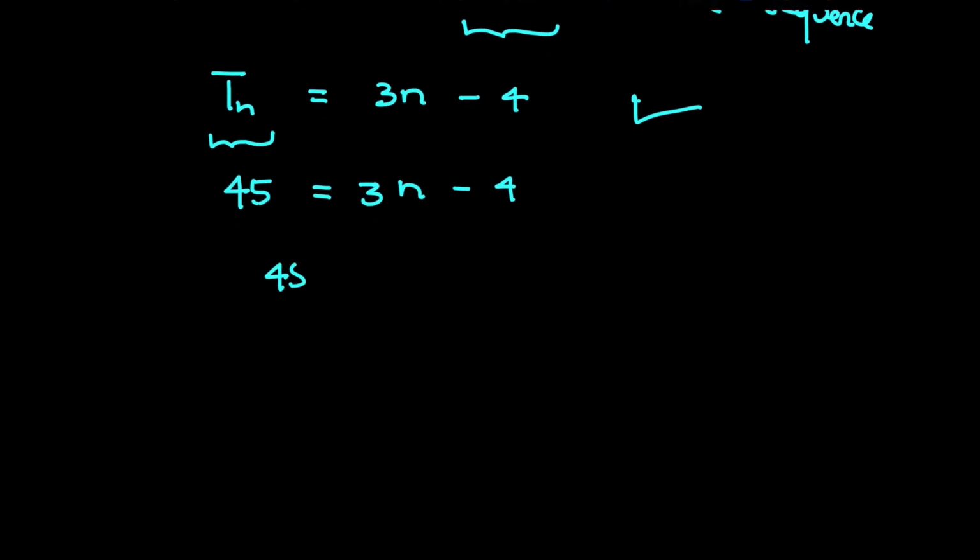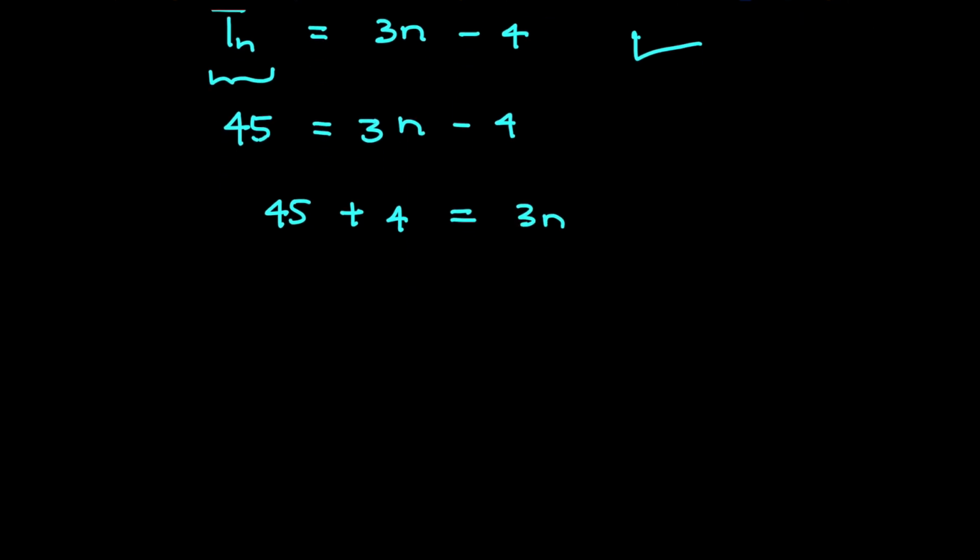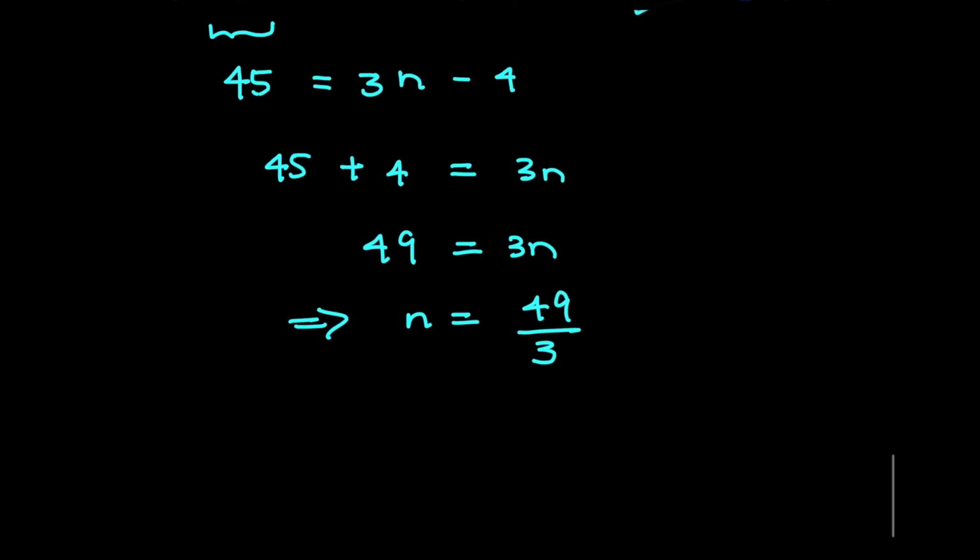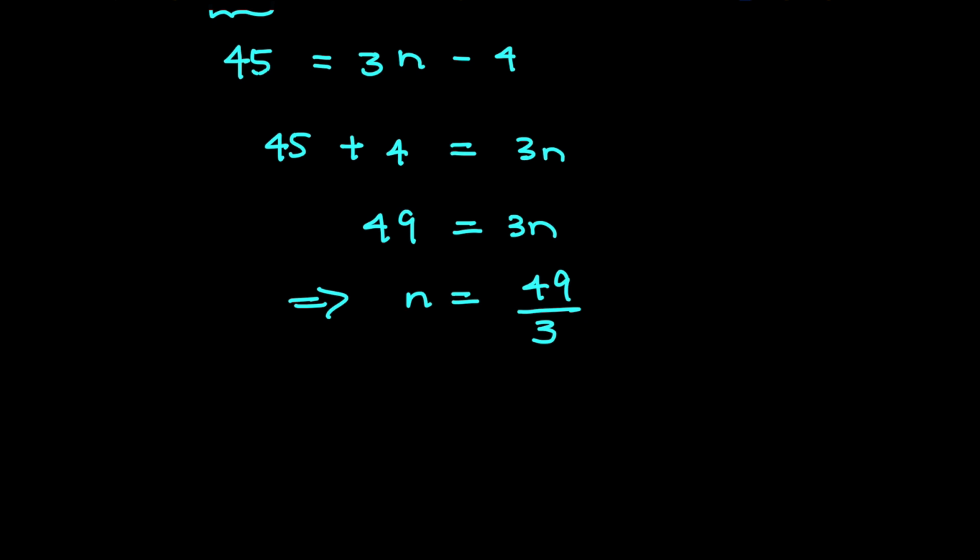So it's going to be 45, and then we add 4 both sides, plus 4 equals 3n, right? So 45 plus 4, that is 49, equals 3n. So what is our n now? n will equal 49 divided by 3. If you do this on your calculator, you are going to get something like 16.3 and so on.